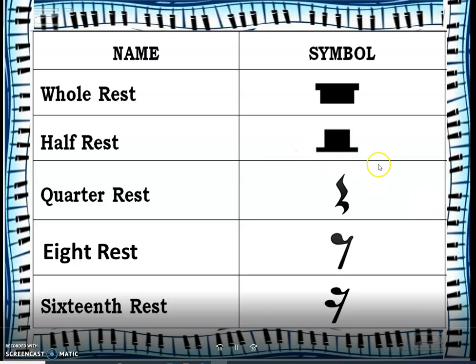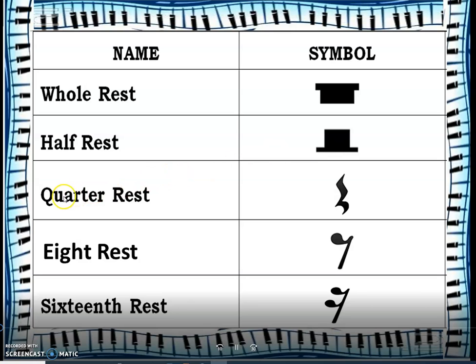And these are the kinds of rest. The first one is the whole rest, which has a symbol like an inverted hat. The next one is the half rest, which has a symbol like a hat.